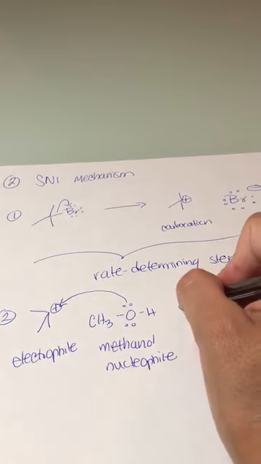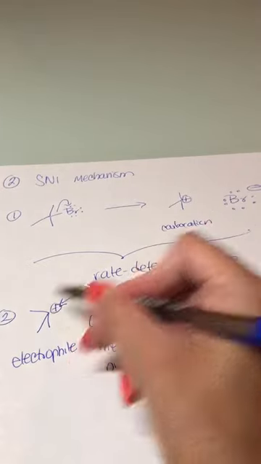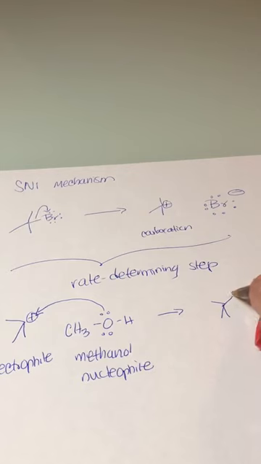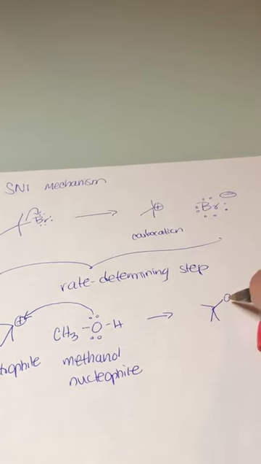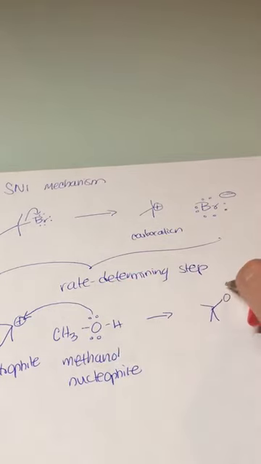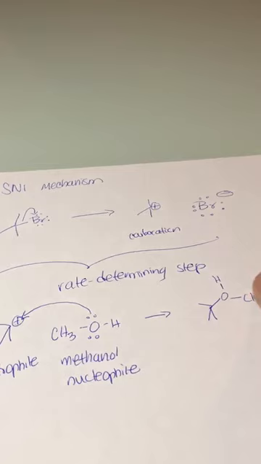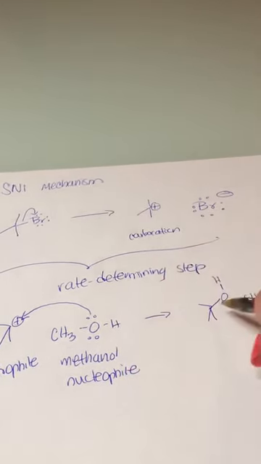And what you will have is now a new bond between this carbon and this oxygen. And what is attached to this oxygen is this hydrogen and CH3. You use 1 lone pair to form this bond.